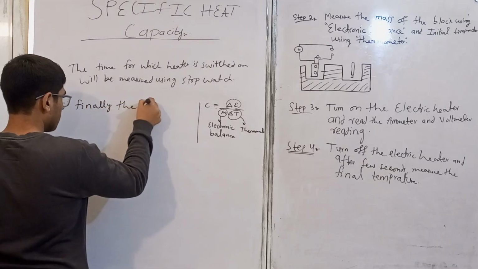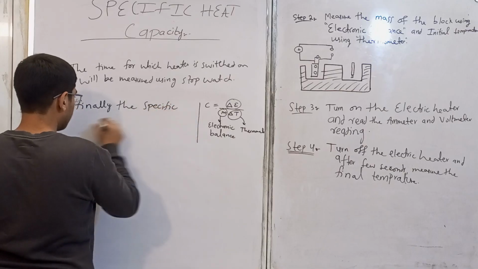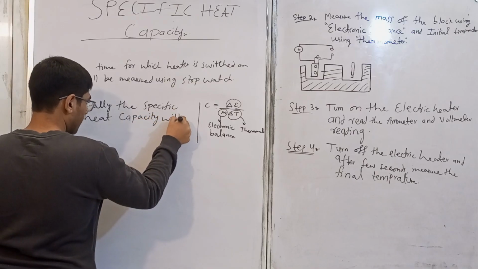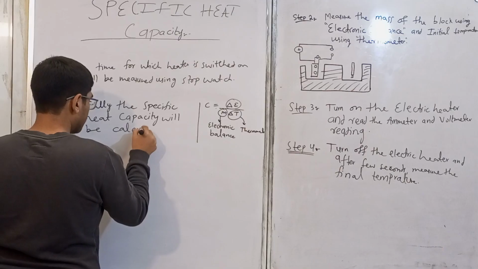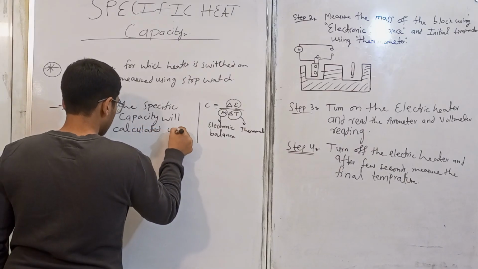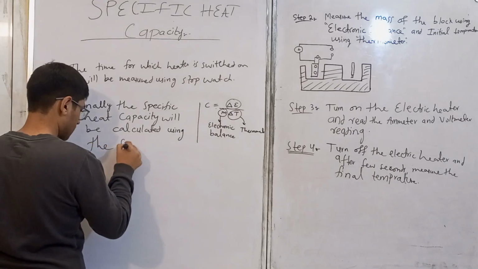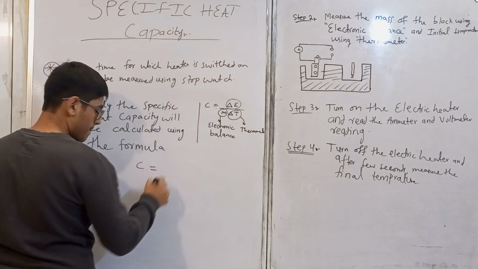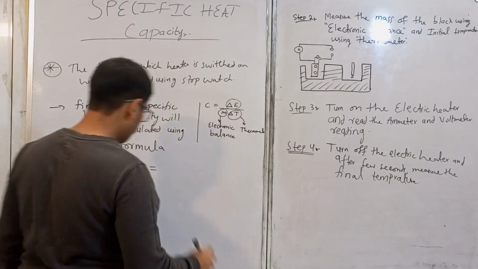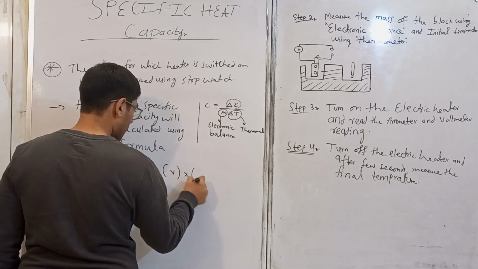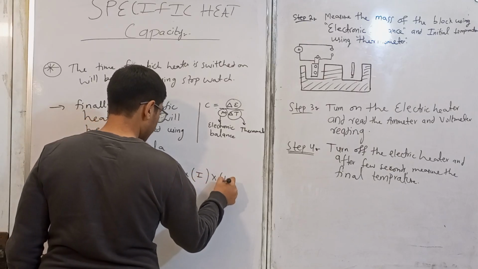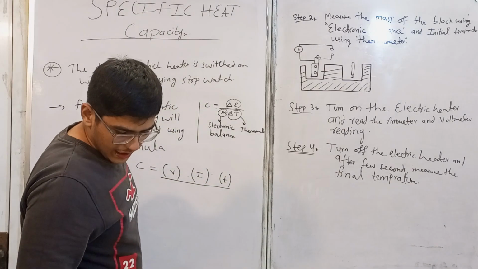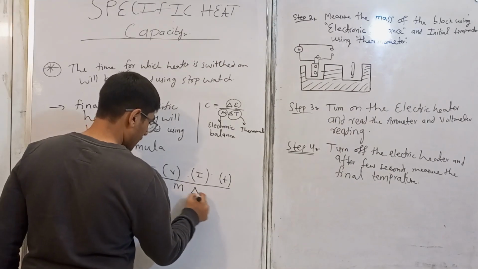Finally, the specific heat capacity will be calculated using the formula C equals V multiplied by I multiplied by time, divided by m delta T. Now what is V here?